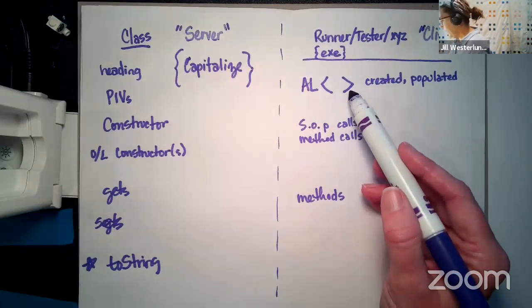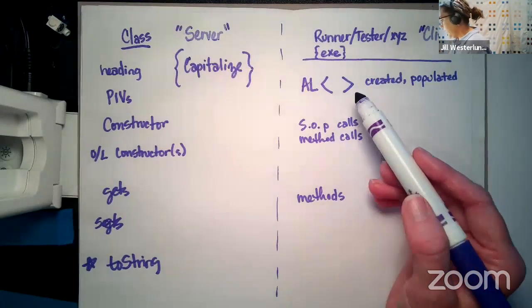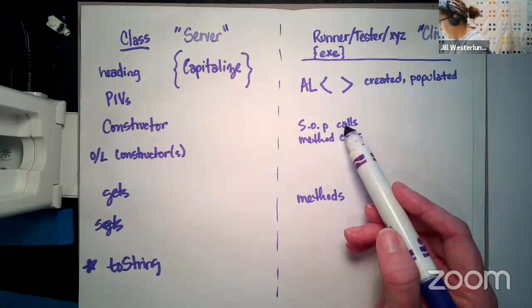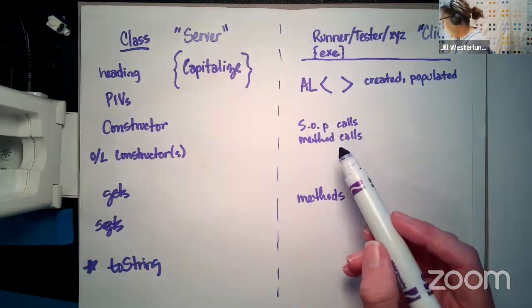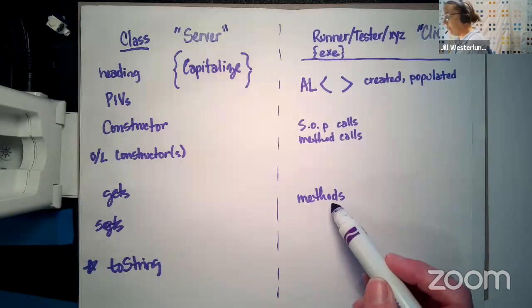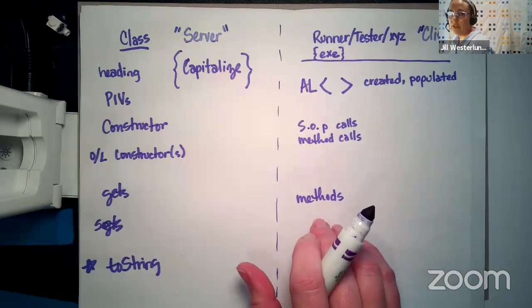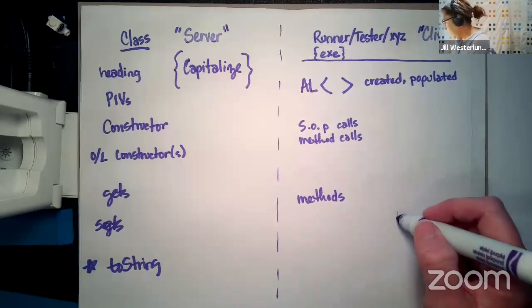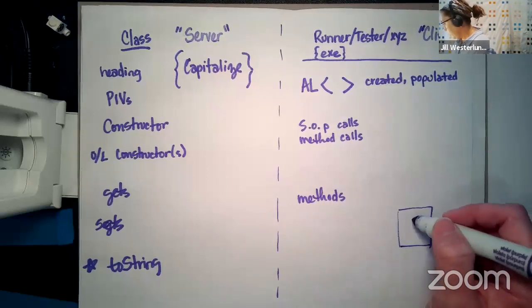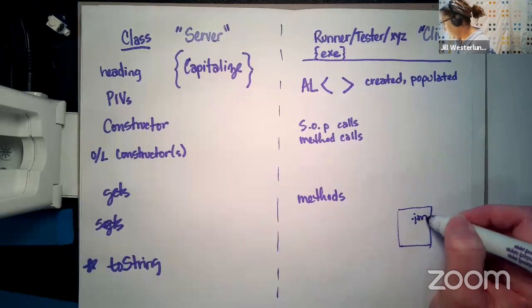In this, we're going to have an array list that we make, and we'll have system.out.print calls, method calls, and then down below, we have methods. Now, as we go on during this week, you might even have a third file over here, another .java with other things happening.